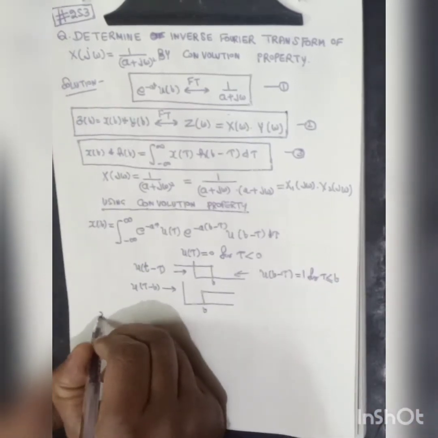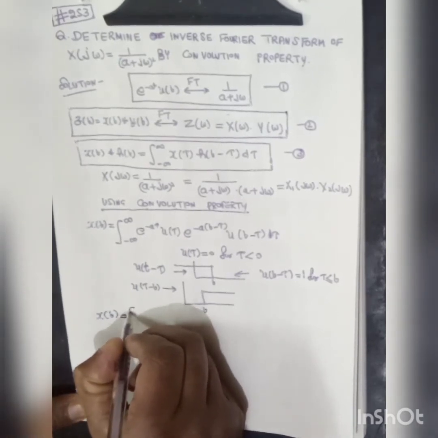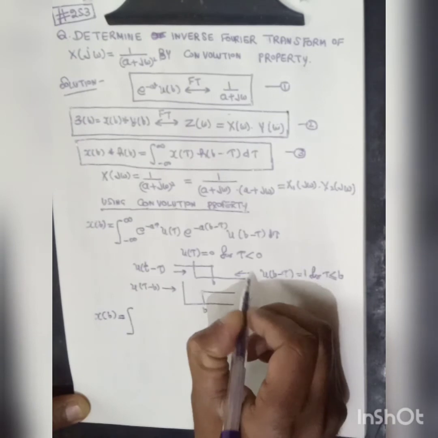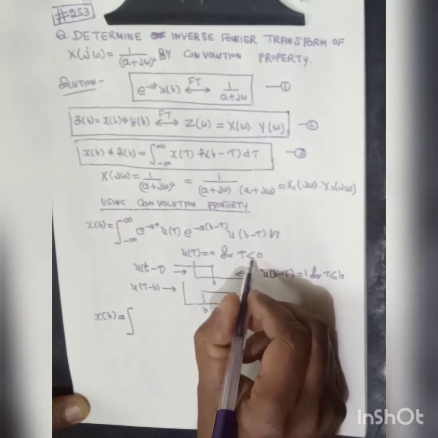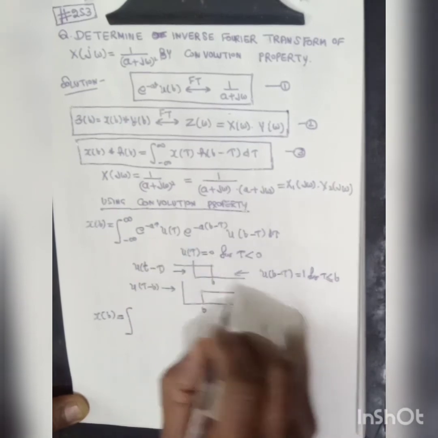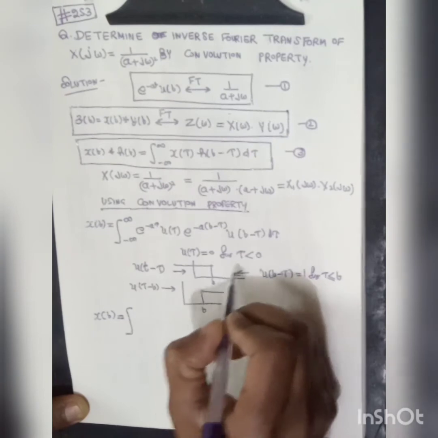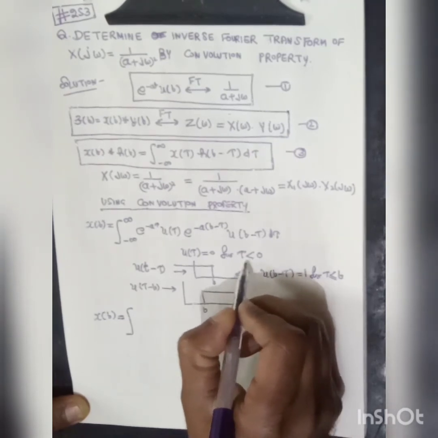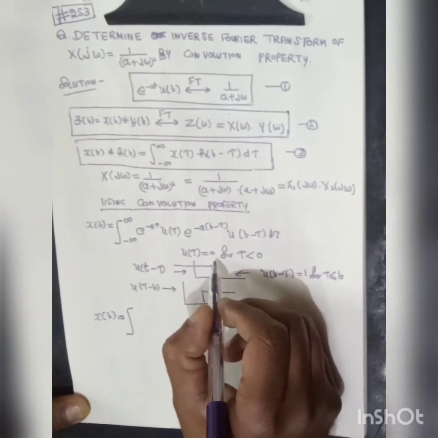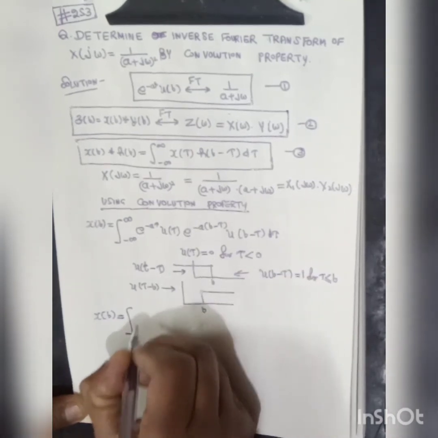So this integral can be written as x(t) equal to the integral from minus infinity to infinity. Because for tau less than 0, u(tau) will be 0, this signal is 0, so we will consider only the portion from 0 to t.